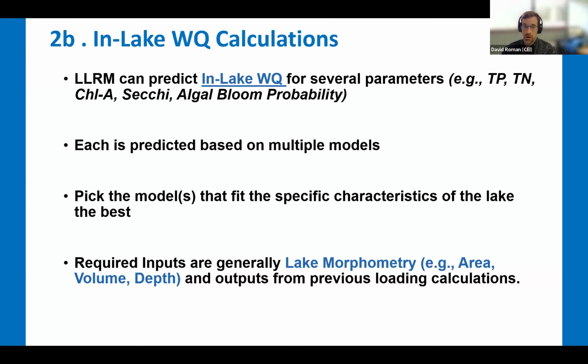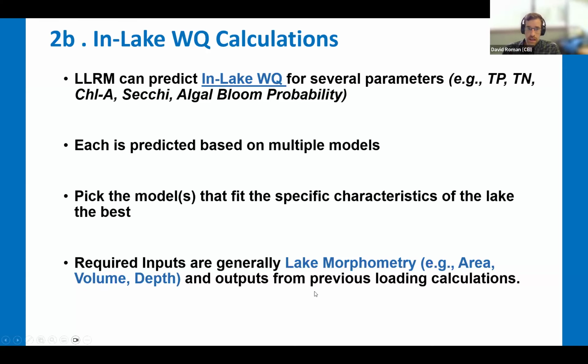In general, each one is predicted based on multiple models. Some people have a preference over which one to use. Sometimes it makes sense to use one model over another for a specific lake. So in general, the advice is to pick the model that fits the characteristics of the lake the best.